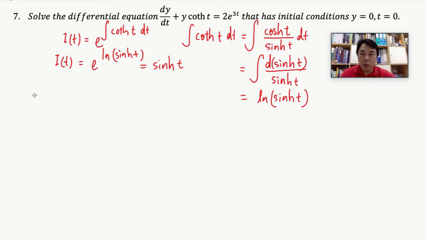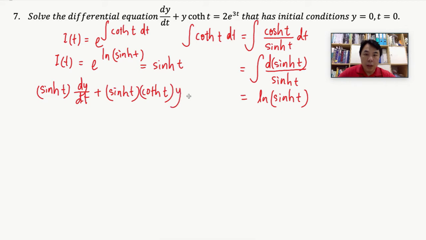Once we have this, as usual, we are going to substitute it back into the equation. That will be sinh t dy/dt plus sinh t times cotangent hyperbolic t, and then y, should be equal to 2 exponential 3t.